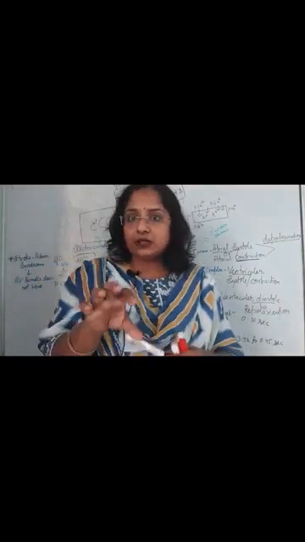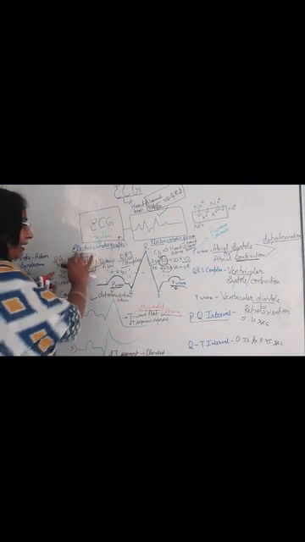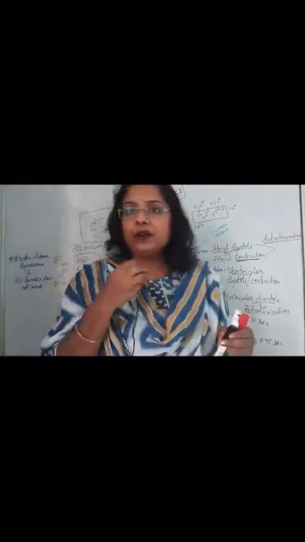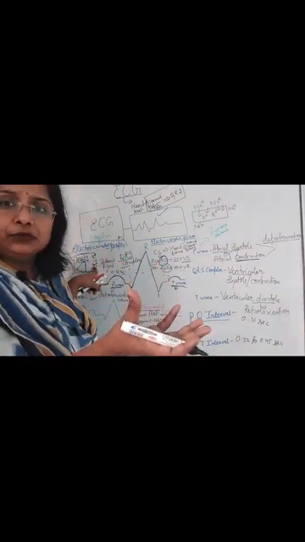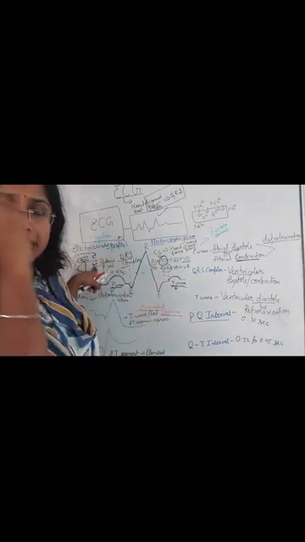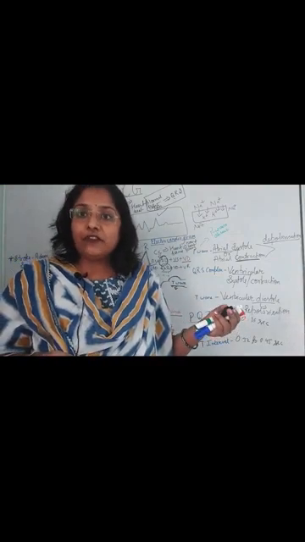In this case, oxygen supply to the heart will be affected, meaning our heart does not have a proper oxygen supply. If there is not a proper supply of oxygen to the heart, what will happen? Will the heart beat normally or abnormally? Abnormally, obviously, because there is a deficiency of oxygen.